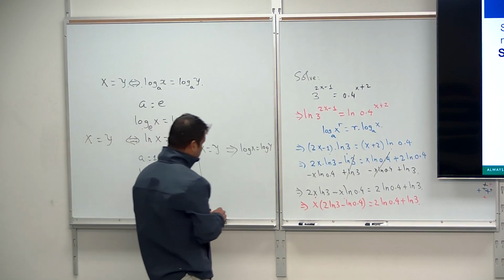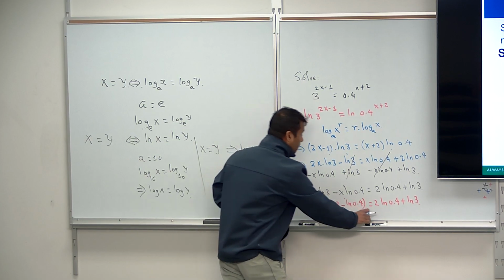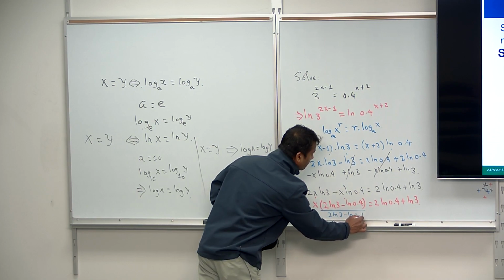So you have to isolate x, right? If you want to isolate x, you divide both sides by 2 ln 3 minus ln 0.4.